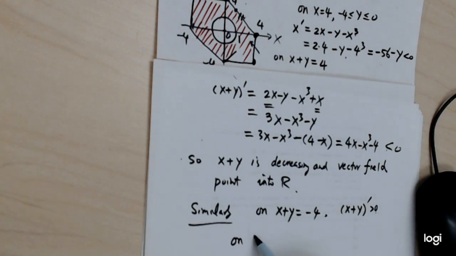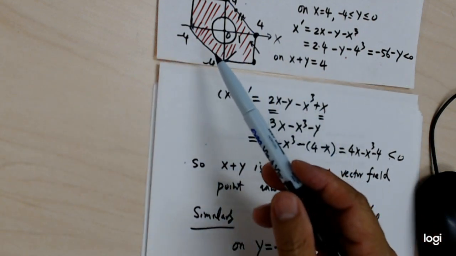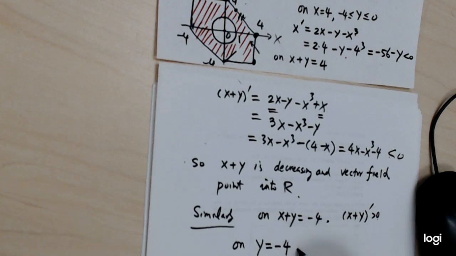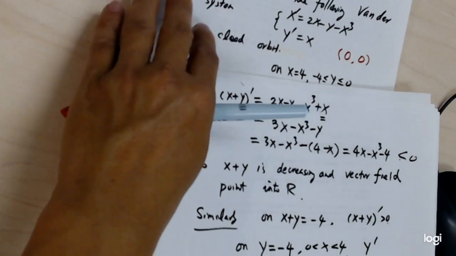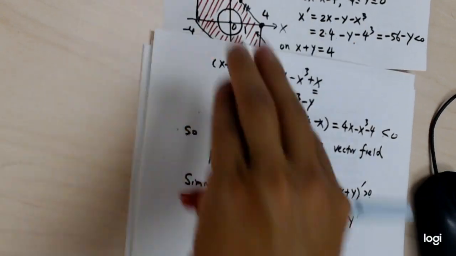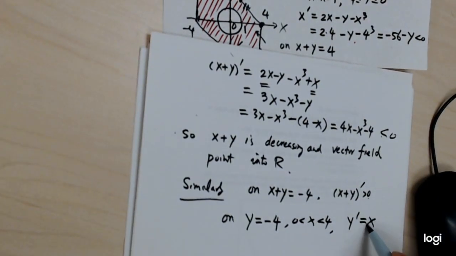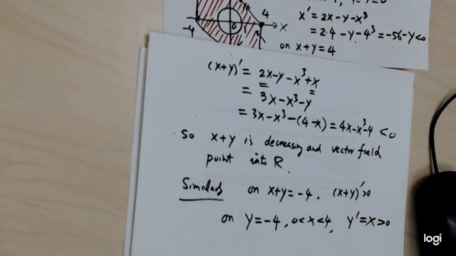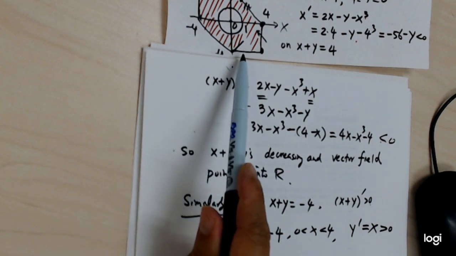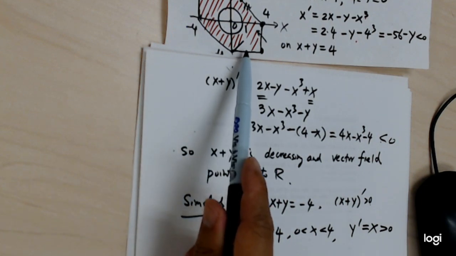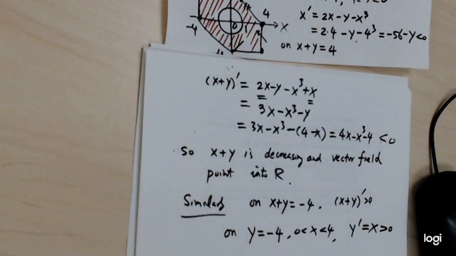And on the edge y equal to negative 4, which is this one right here, with x between 0 and 4, you calculate y prime. y prime is x, but x is positive. So on the bottom edge, where y equals negative 4, y prime is positive, so the vector field points upward, in other words inside.